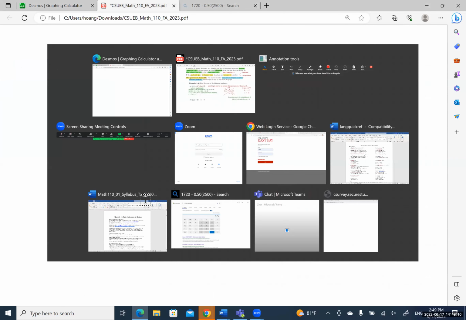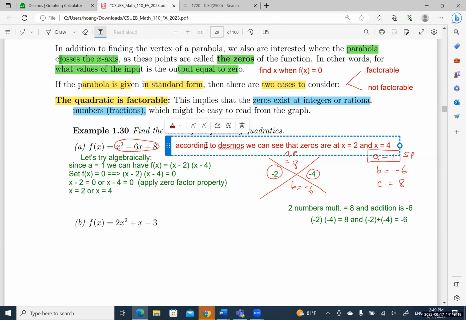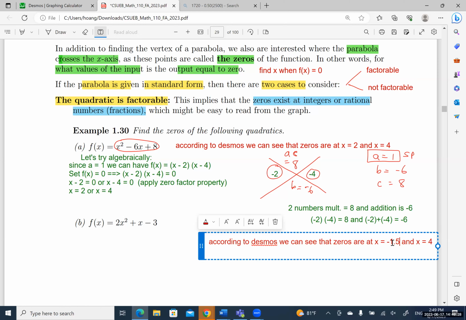So I'm gonna write here, negative 3 over 2, or actually 1.5, negative 3 over 2.